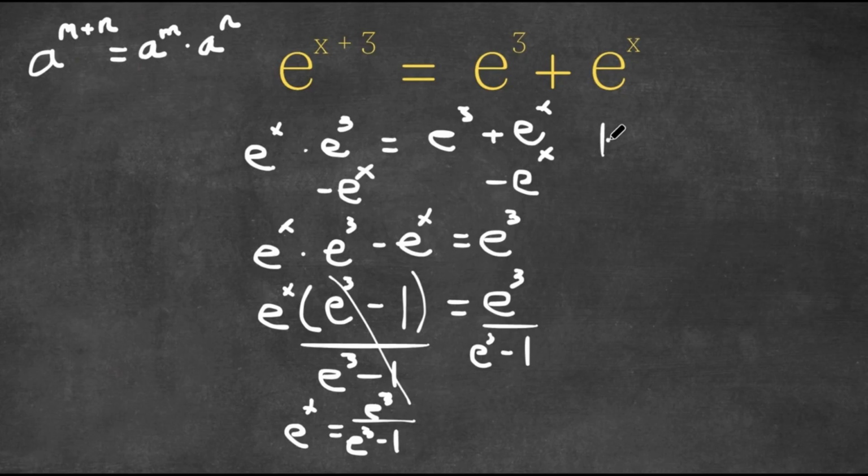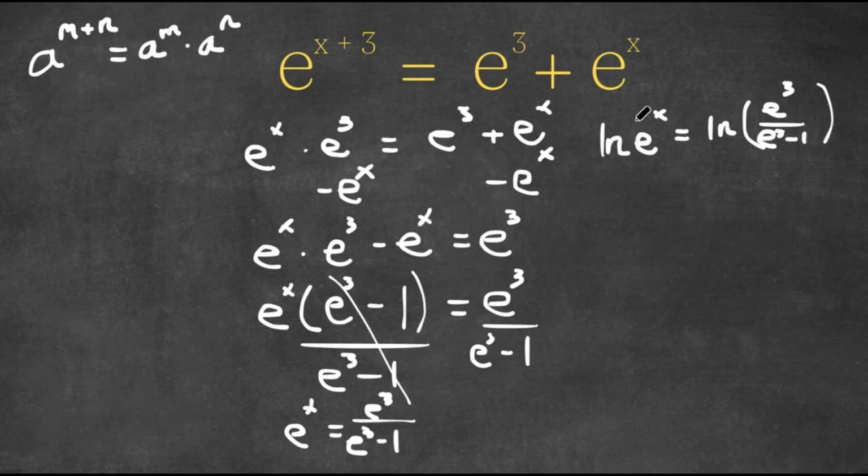So if I take ln on both sides, we get ln e to the power of x is equal to ln of e to the power of 3 over e to the power of 3 minus 1.